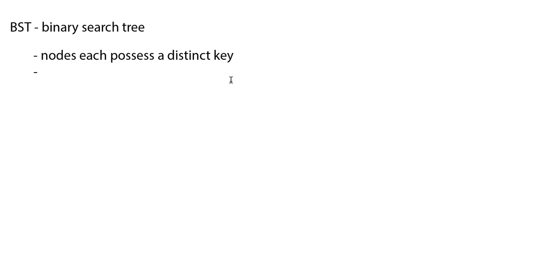The next thing is that any node's key k is greater or equal than the left subtree's keys, in other words, it's greater or equal than any key in the left subtree. And we can pretty much copy this ditto.